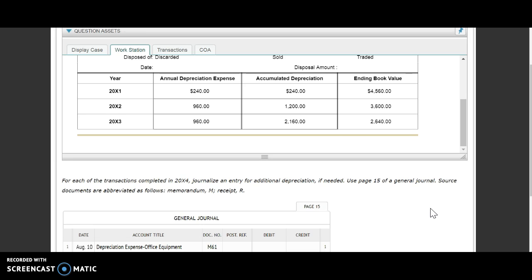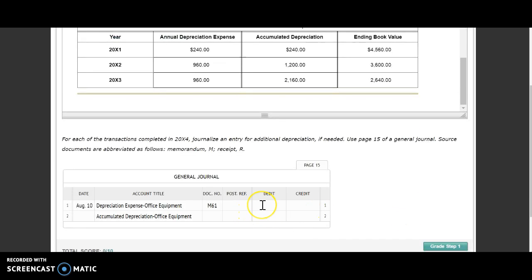It depreciates $80 a month. We're going to take 80 times 7 months, and that's going to give us $560 for that last year of ownership. So we're going to debit the expense and credit the accumulated depreciation. Okay, that was it for step 1.